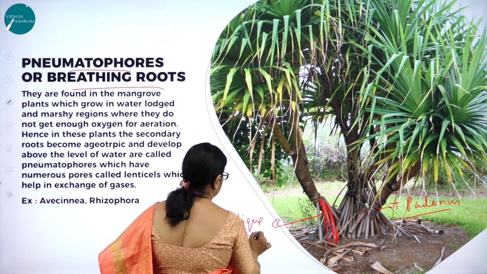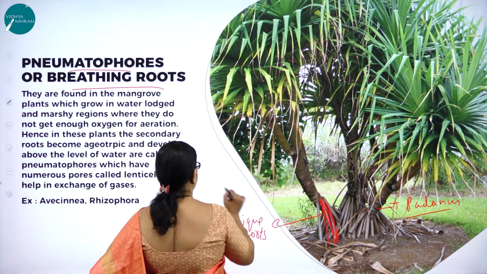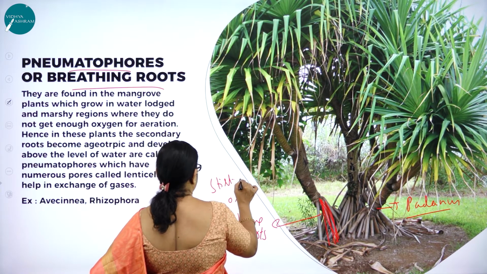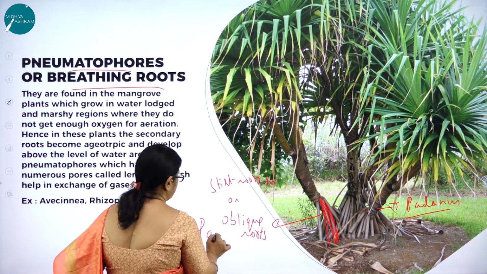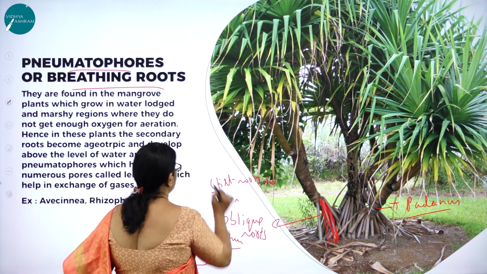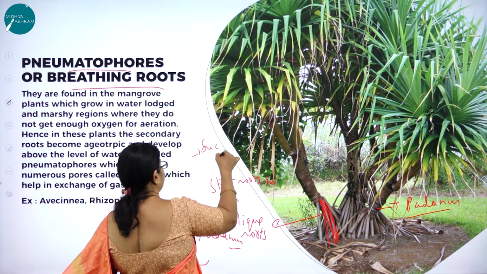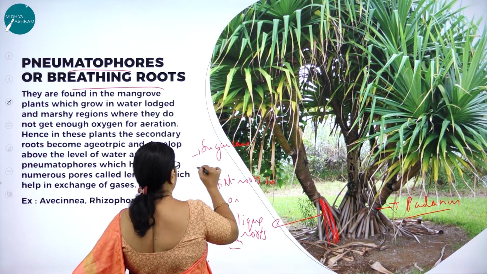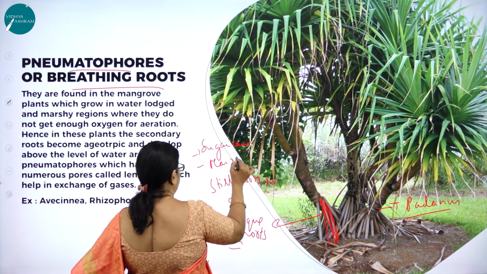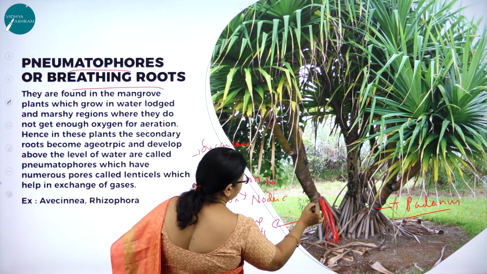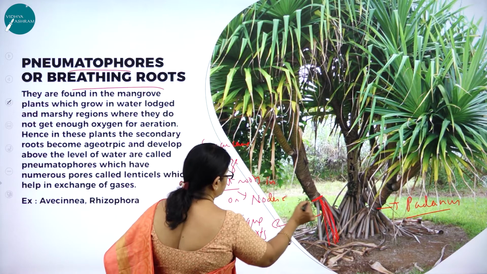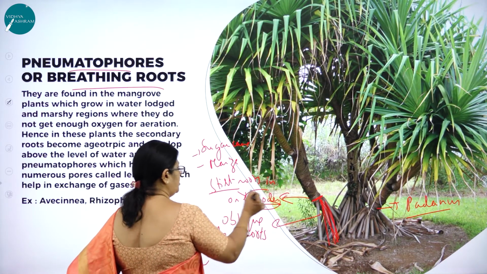These are also called stilt roots, in Pandanus. Also you come across them in sugar cane. Can also come across in maize. They develop from what? Nodes. Here you can see the node. They develop from the nodes.